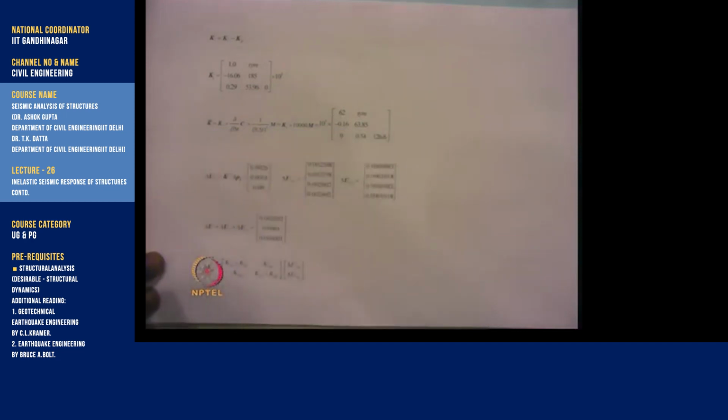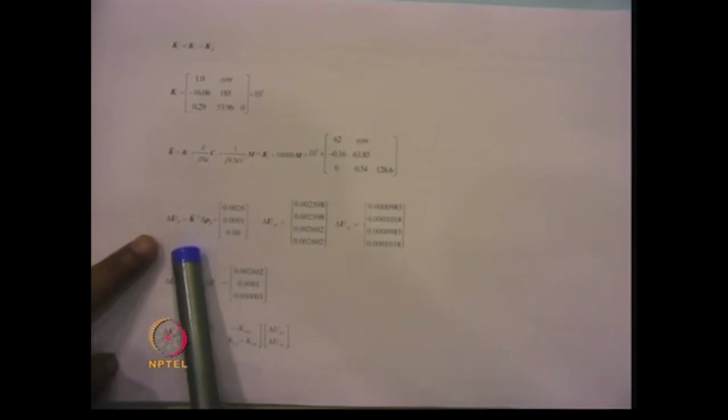And once we get the value of the Kt matrix, from there we get the value of K bar, and using the value of K bar we can get delta U2, that is the plastic component of the displacement.